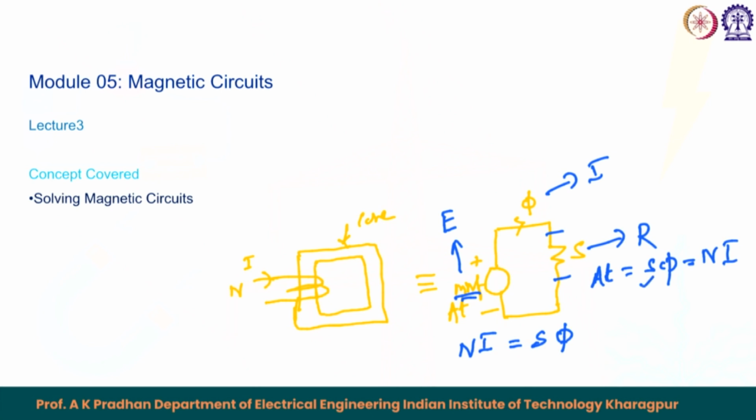Once S is obtained and phi is given, we can find out the ampere turn required for the circuit, and if the number of turns is given, then we can find out I. Or if I is given the other way and N is also given, then we can find the corresponding phi for a given value of S. So, with this background we will proceed for a few more problems in this lecture.